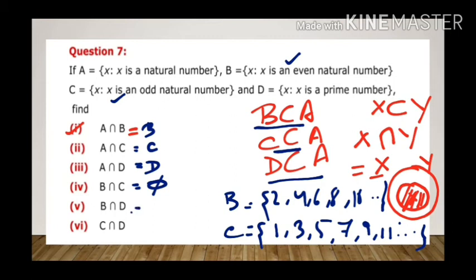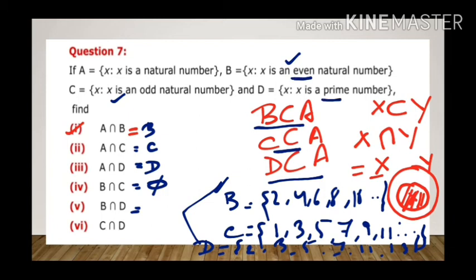Now B intersection D. B is the collection of even natural numbers and D is the collection of prime numbers such as 2, 3, 5, 7, 11, 13. If you look at the B set and D set, the only even number in D is the prime that is even.